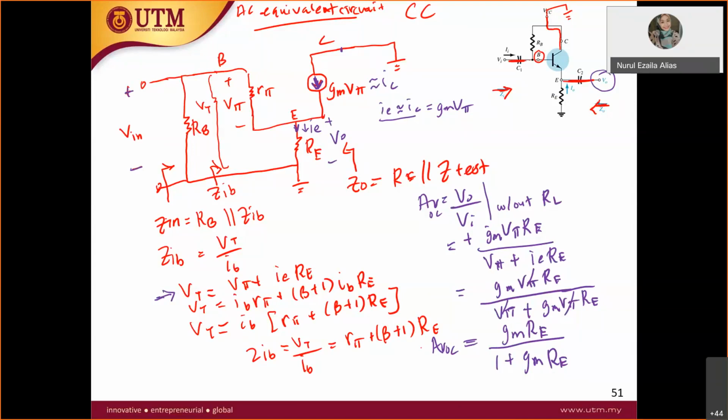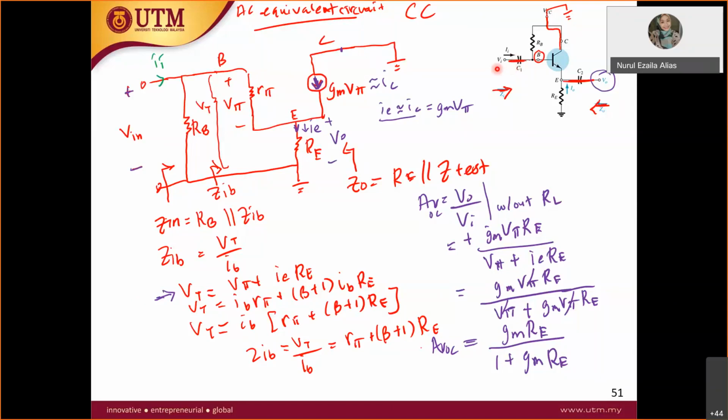So you have here your I in. Now where is I out? As you can see from the circuit itself, this is the common collector circuit. This is input, right?